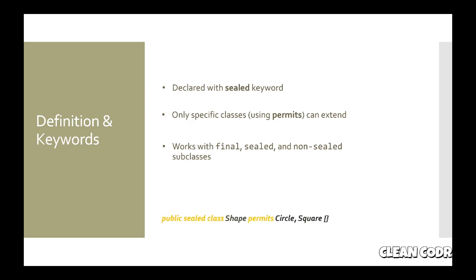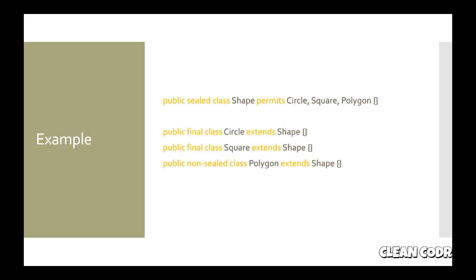This is a very small signature of what it looks like. A simple one-liner. This does not have a class body because I do not intend to show it right now. In the next slide, we'll talk about examples. You can see the first line is creating the class called Shape. It is permitting classes of type Circle, Square, and Polygon, where Circle and Square are final. That's why they are being permitted.